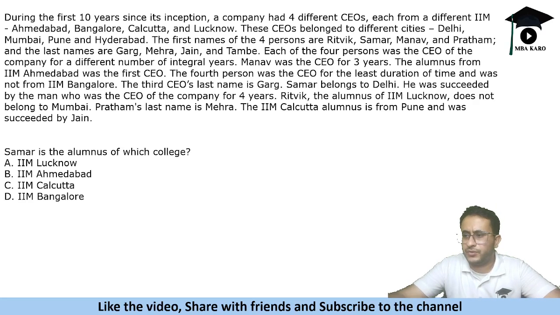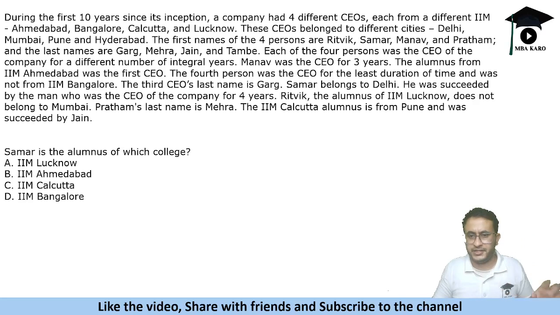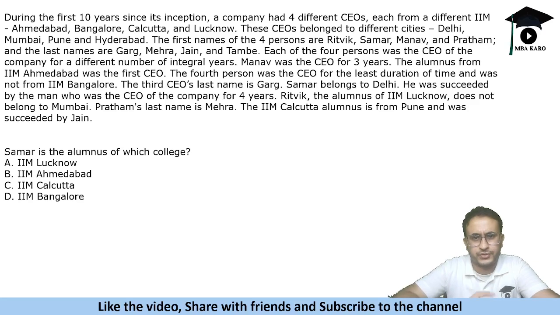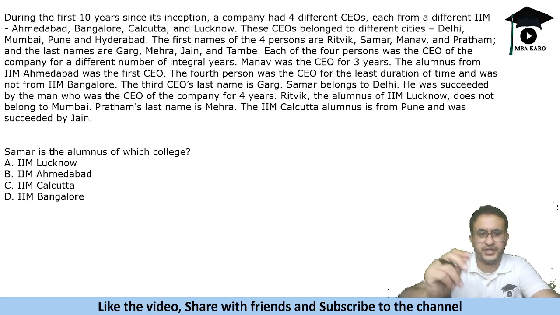Now what we are going to do is make a grid arrangement of who was the CEO when and in which order. So the first thing that we will do is, since it is an order based arrangement, right? There are seating arrangements, there are other arrangements in which you have to make an order.